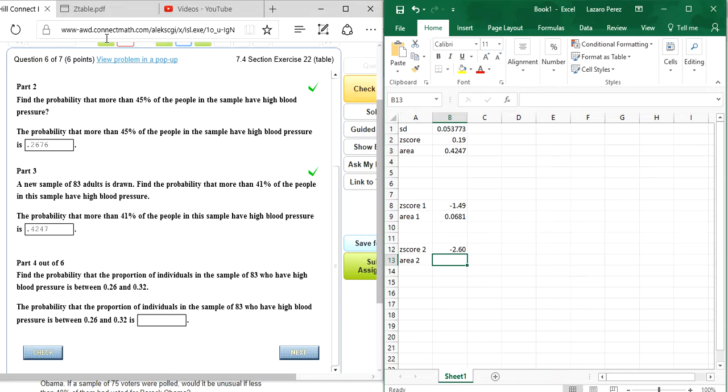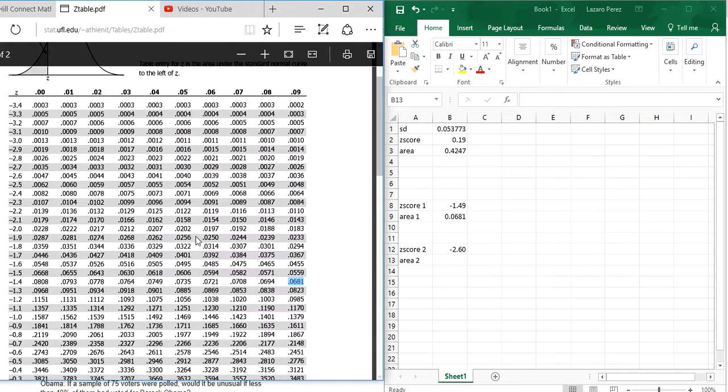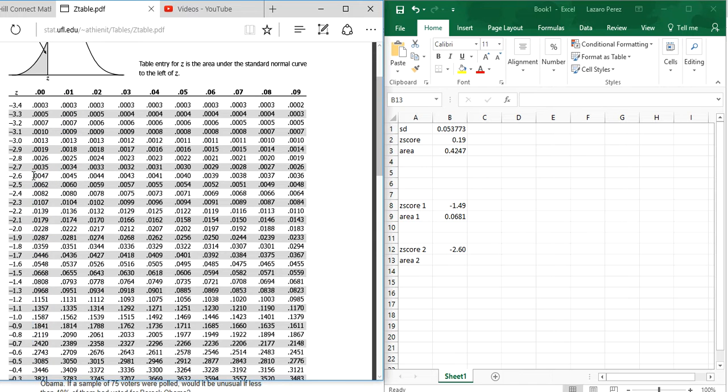So negative 2.60. All right, so our area is 0.0047.